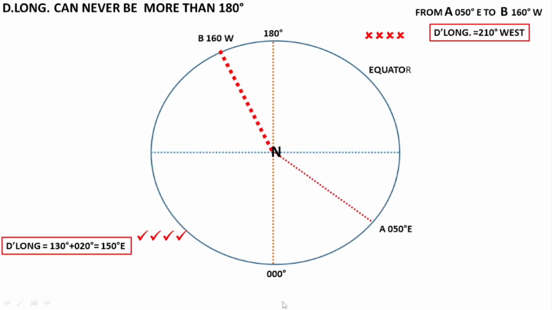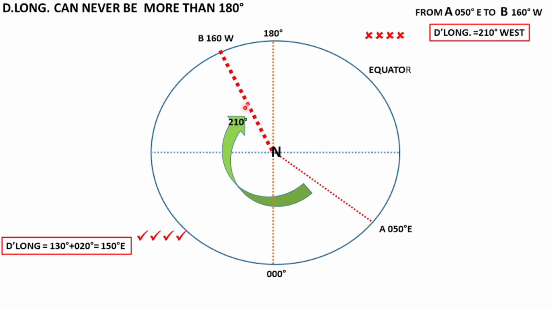Now, I'm just trying to show it to you on the angle at the poles. As I said, 150 would be the correct thing and 210 would be wrong. So 210 was going west. West is a clockwise direction always, because this is east, this is west. 90 degrees to north, onto your right hand side is east. So westerly direction is clockwise. If you follow that, you'll be doing 210.